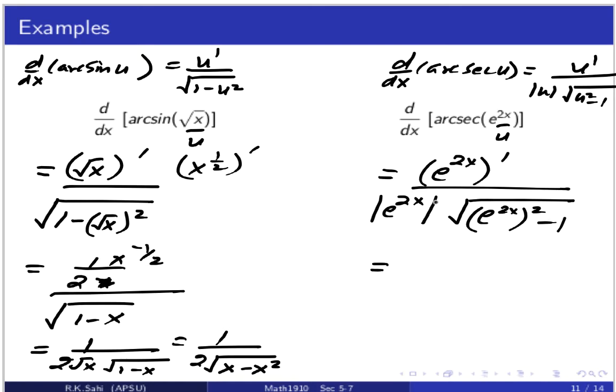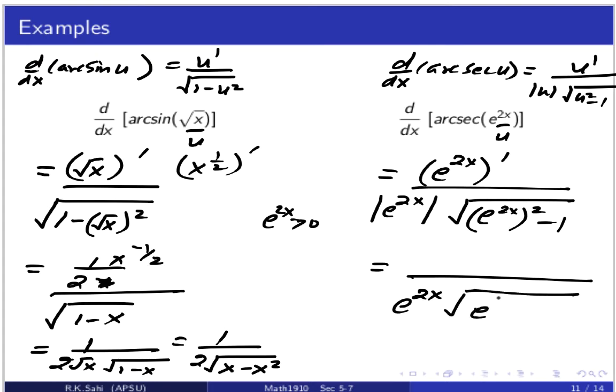Now remember, exponential functions are always positive functions. That means e to the power x is always positive, remember that. So that's why I can just simply write e to the power 2x. This one will be square root e to the power 4x minus 1, because it's a multiplication.